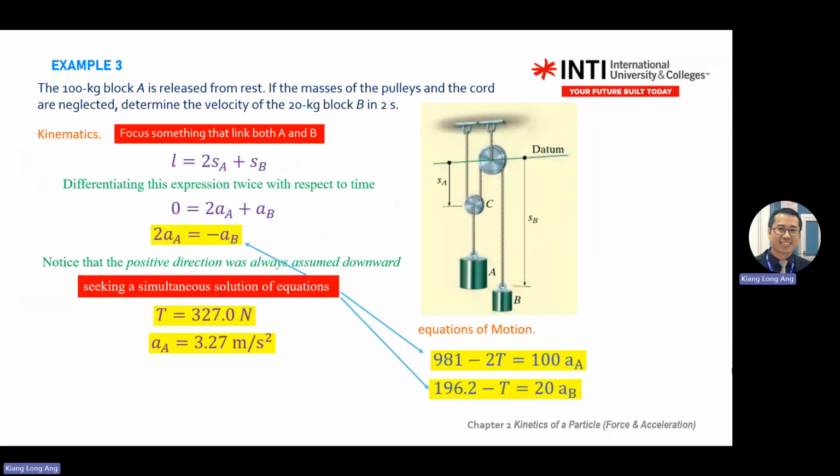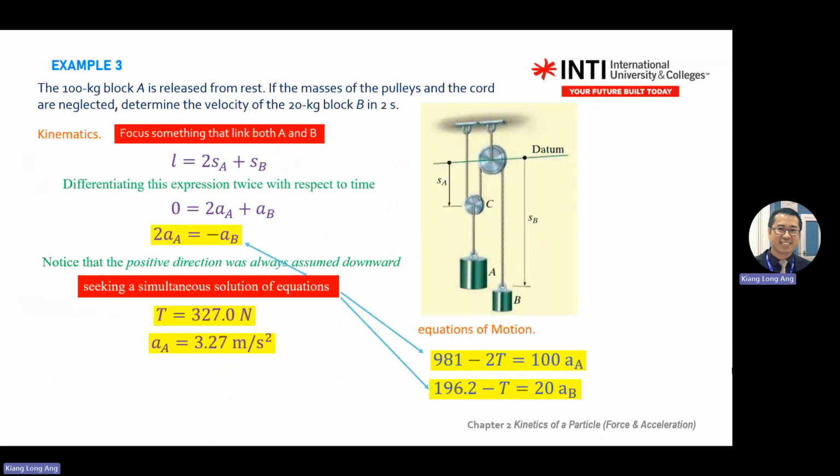So he asks you what is the velocity with the time. In this case, is the acceleration constant or not? Yes or no? Yes. Why? How do you know it's constant?